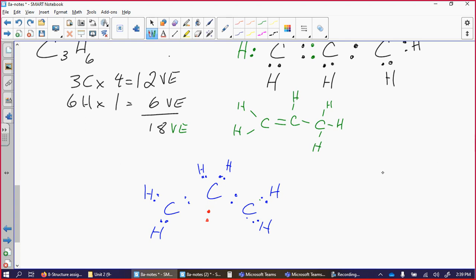And we get a ring of carbons because each carbon has 8 electrons around it. 2, 4, 6, 8, 2, 4, 6, 8, 2, 4, 6, 8. This one is called propene. This one is cyclopropane. Those are 2 things that you will need to know.